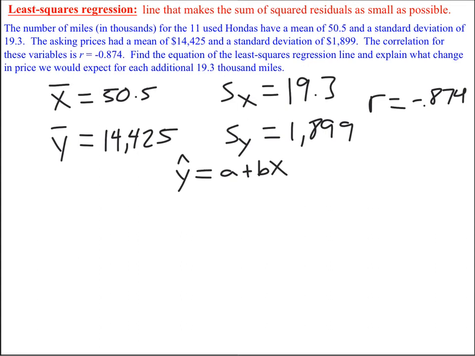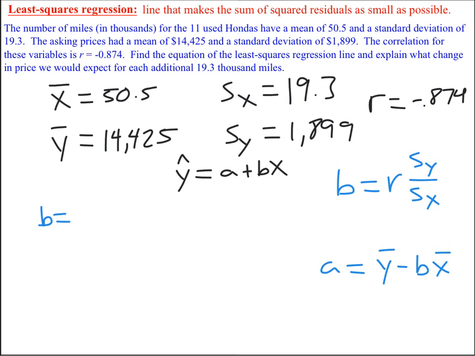I'll show you how we do it here. The two formulas you would use: one is b, which is r times the ratio of their standard deviations. You have to calculate b first, and then you can get a using b.